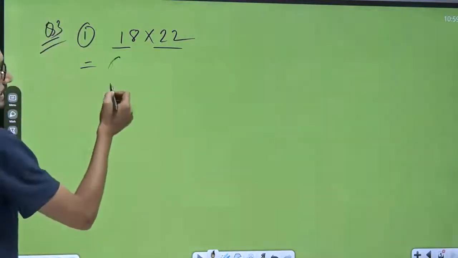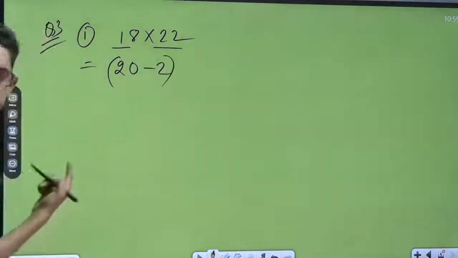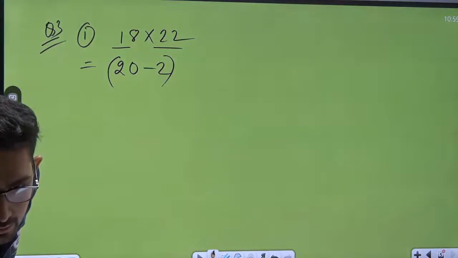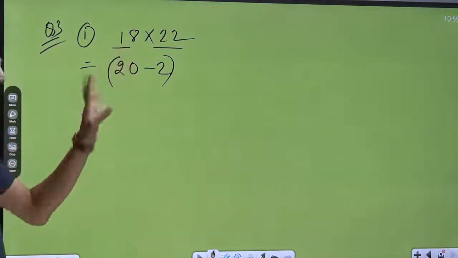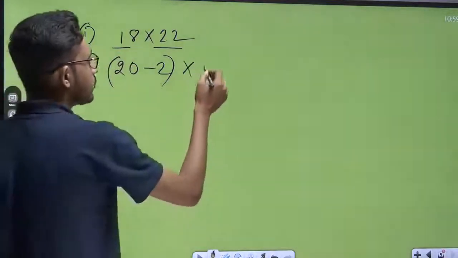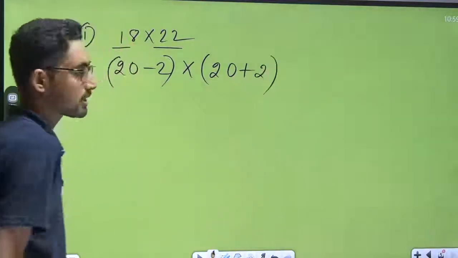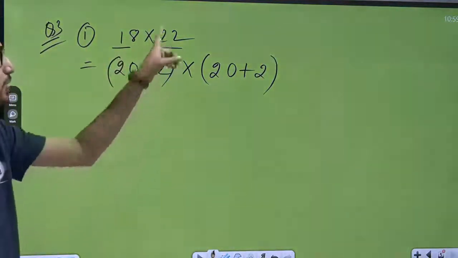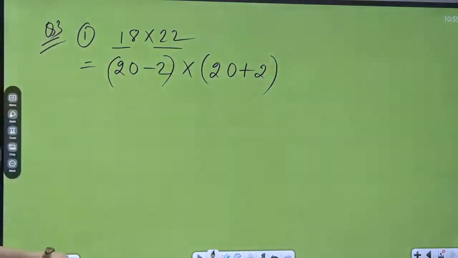See, 18 and 20 are the numbers, and in between 18 and 20, what is the number? Obviously we can say 20. So we can write 18 is equal to 20 minus 2. Can we write that? Yes, we can write it obviously.